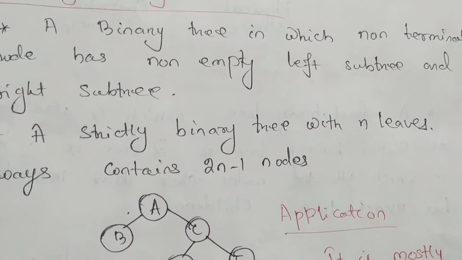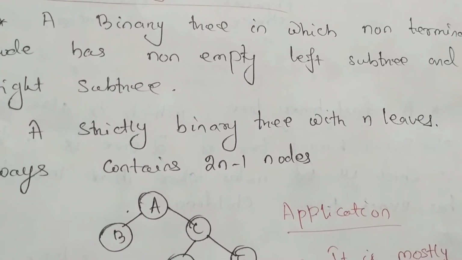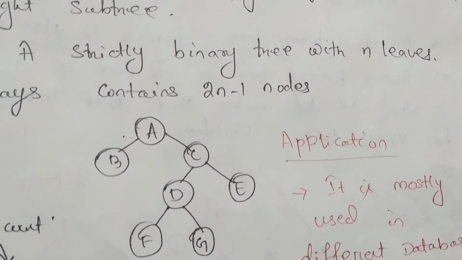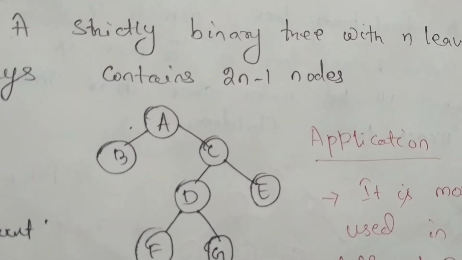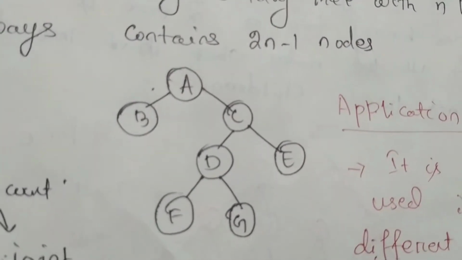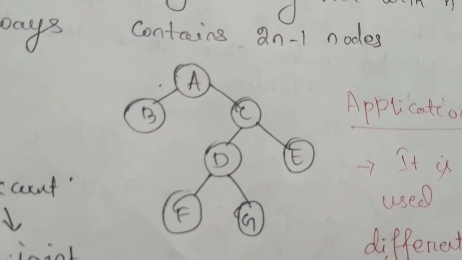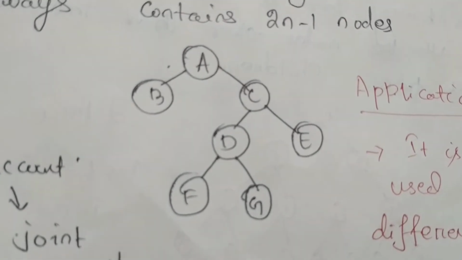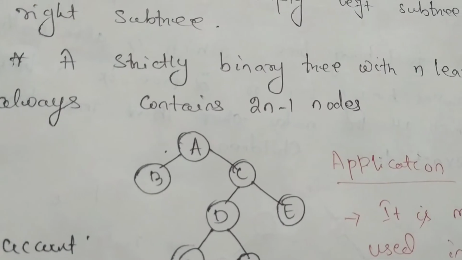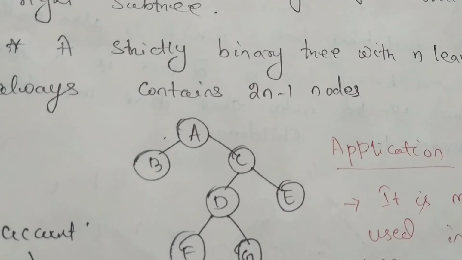That means the non-terminal node definitely has a left subtree and right subtree. Here D is a non-terminal node having a left subtree and right subtree, and C is a non-terminal node having a left subtree and right subtree. So it is a strictly binary tree.